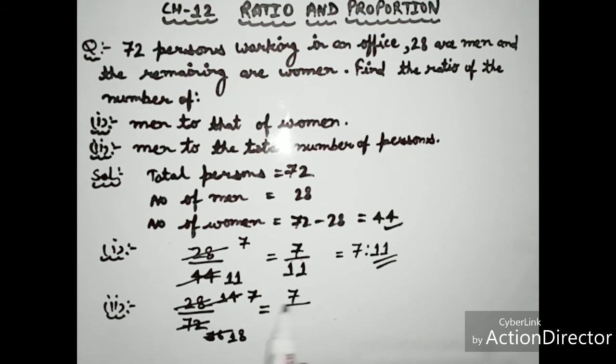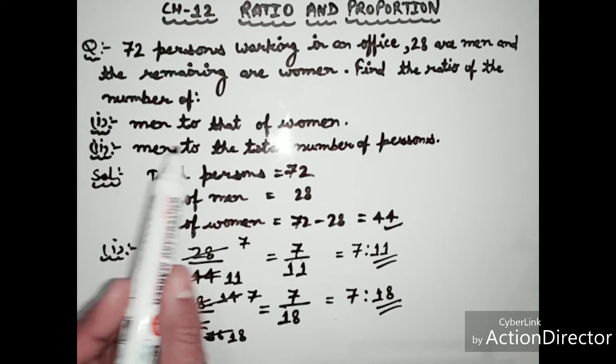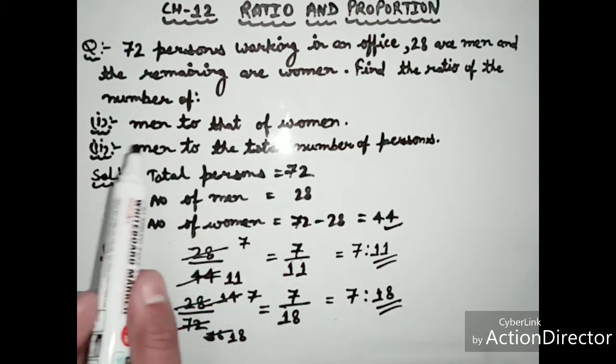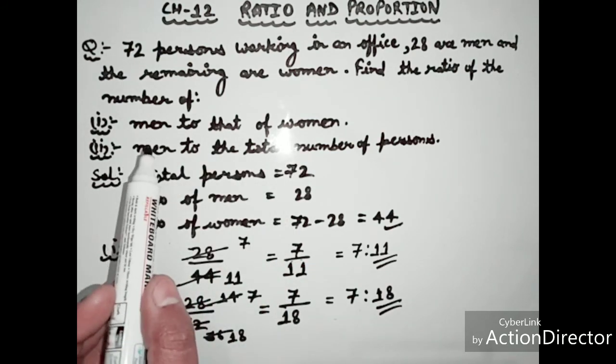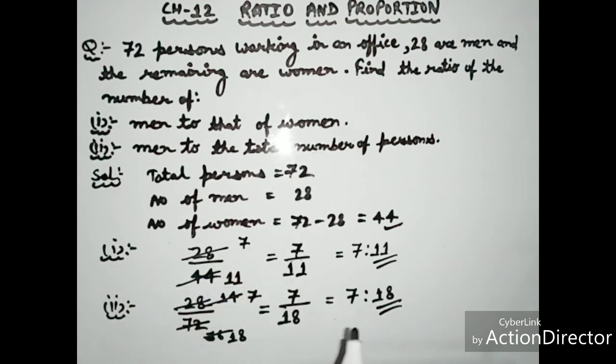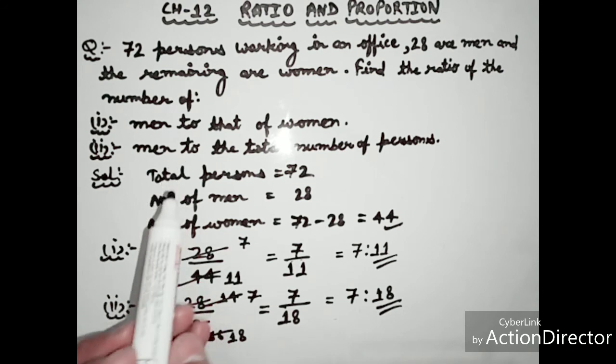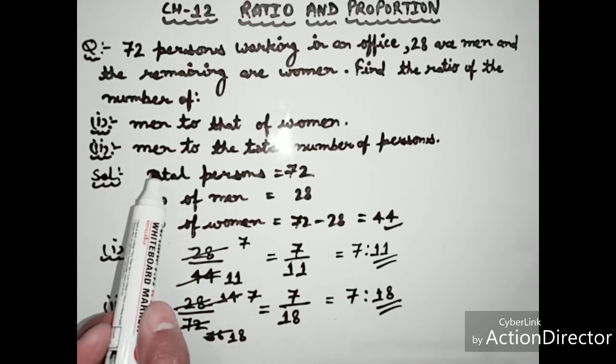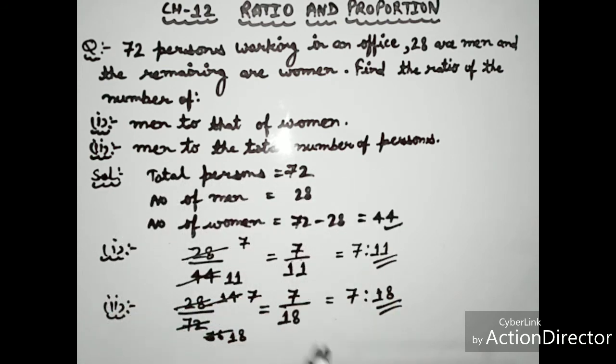Now here we get 7 upon 18. In ratio form we write 7 ratio 18. So the ratio of men to that of women is 7 ratio 11 and the ratio of men to the total number of persons is 7 ratio 18.